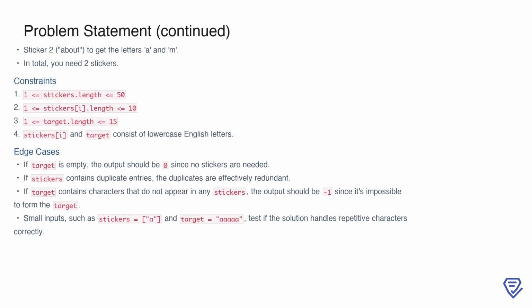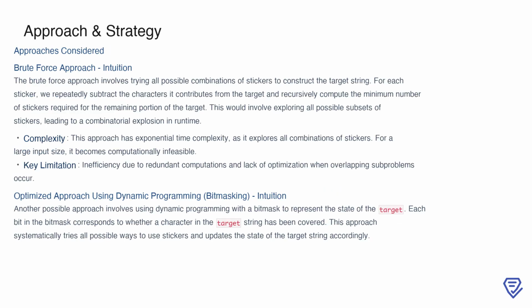To solve the problem of determining the minimum number of stickers required to form a given target word, let's first consider a brute force approach. The intuition here is straightforward. We try all possible combinations of stickers, subtracting the characters each sticker contributes from the target, and recursively calculate the number of stickers needed for the remaining portion of the target.